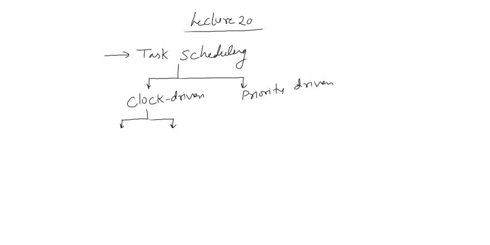But there were two major categories in clock driven: table driven scheduling and cyclic scheduling.